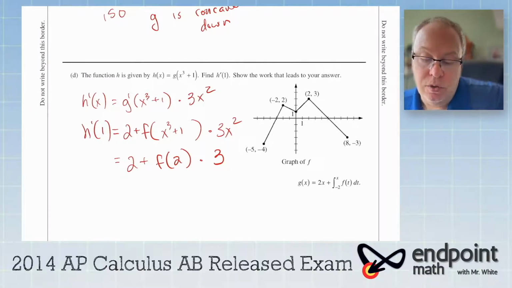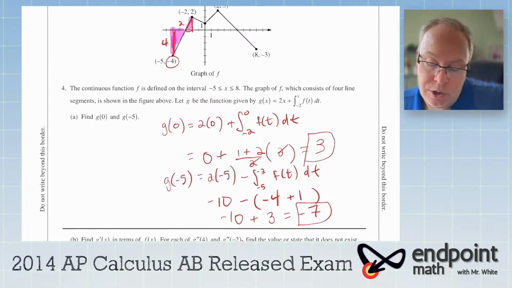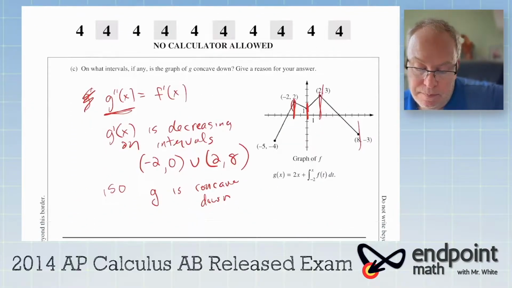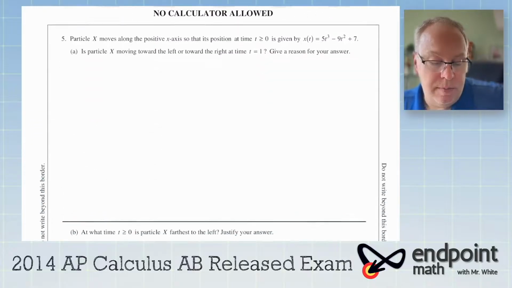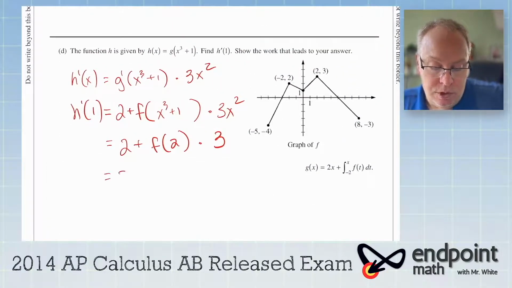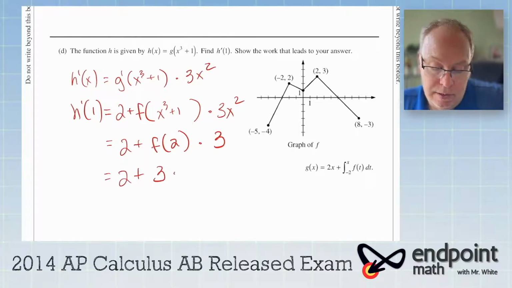Now f of 2, so our f function, remember, is the graph that we're looking at there, right? Yeah. So we should be able to read that off of there. Equals 2 plus, so f of 2 would be 3 times 3.